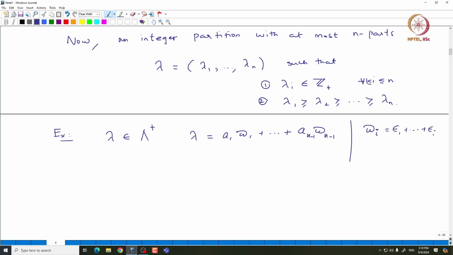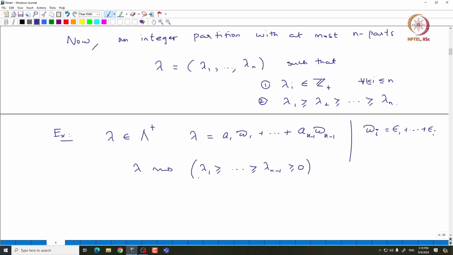You can easily see that lambda corresponds to a weakly decreasing partition. So, one can actually associate this lambda with some integer partition with at most n parts whose nth term is 0, like lambda 1 greater than or equal to etc. greater than or equal to lambda n minus 1 greater than or equal to 0.